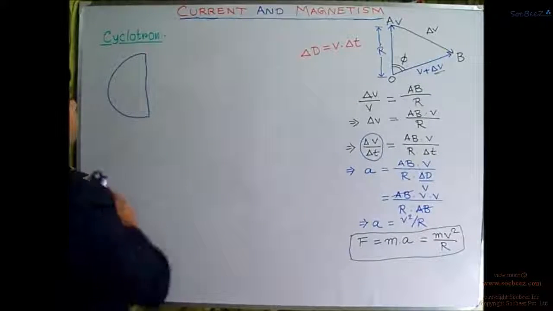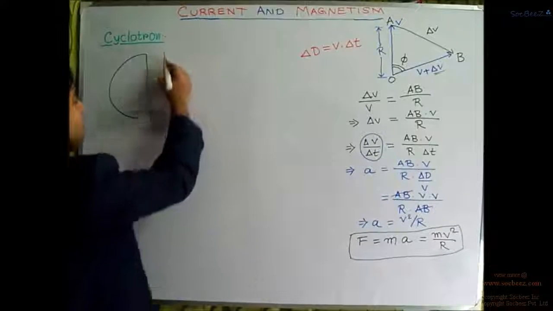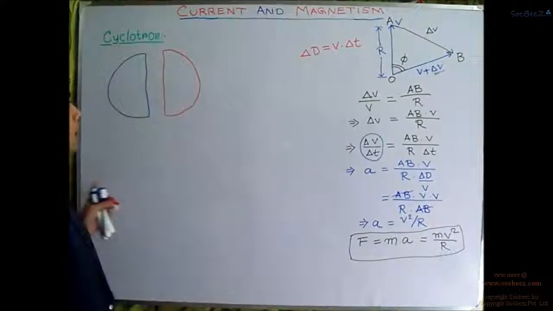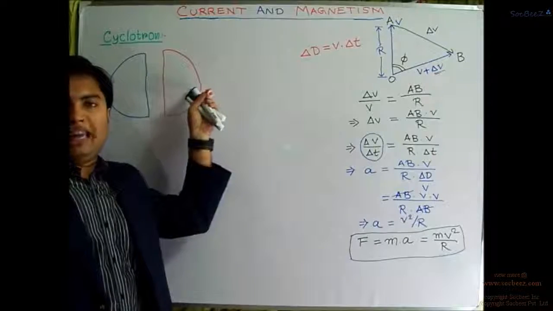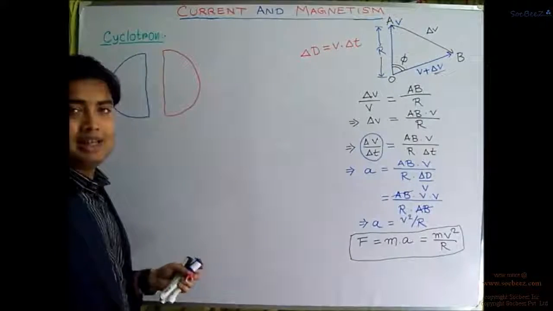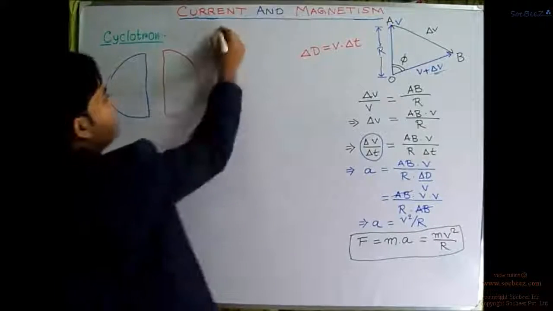So for example, this one is D and this one is another D. Isn't it looking like capital D in the English alphabet? Right? And that is the reason why these are known as D's.